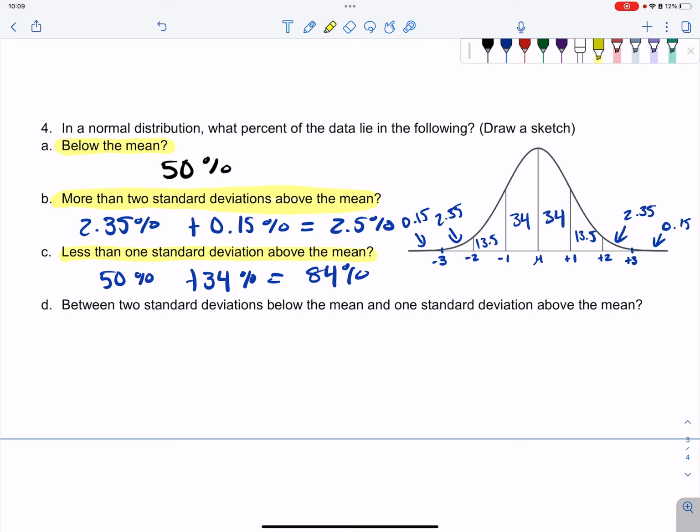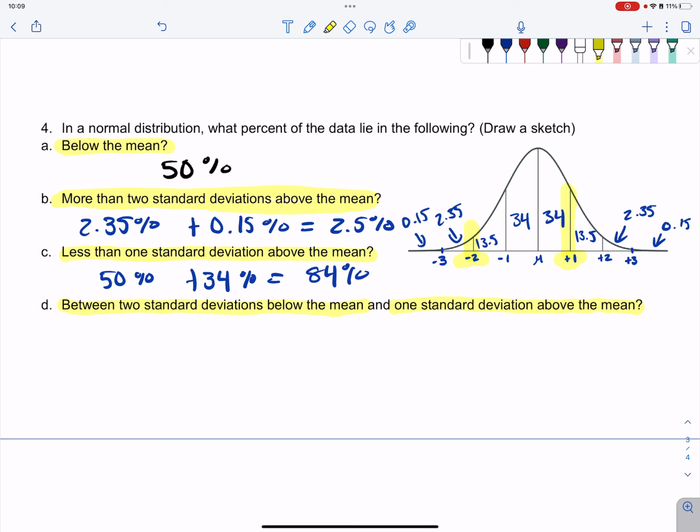And then lastly, we want to know what percent of the data is between 2 standard deviations below the mean and 1 standard deviation above the mean. So let's go to 2 standard deviations below the mean, at our -2, and I'm going to mark that. And then I want 1 standard deviation above the mean, so add our +1, and I'm going to mark that.